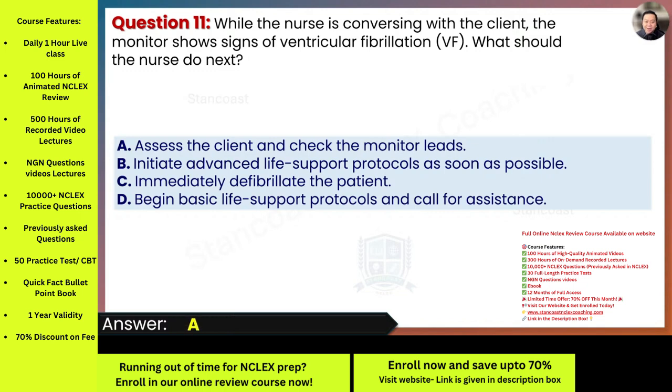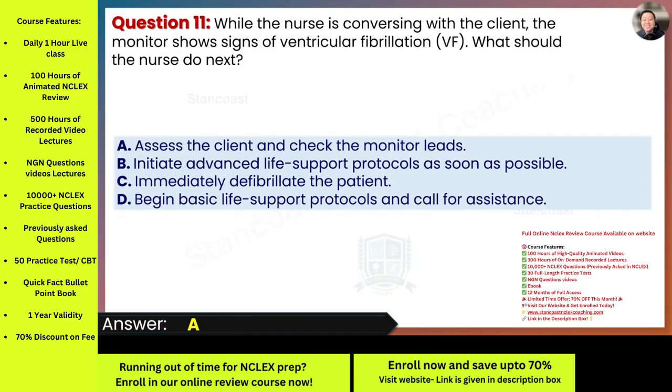Why is this correct? Now, when you encounter a situation like this one, wherein the monitor shows signs of ventricular fibrillation, it is critical for you to take a step-by-step approach to confirm first the situation before you jump into life-saving actions.